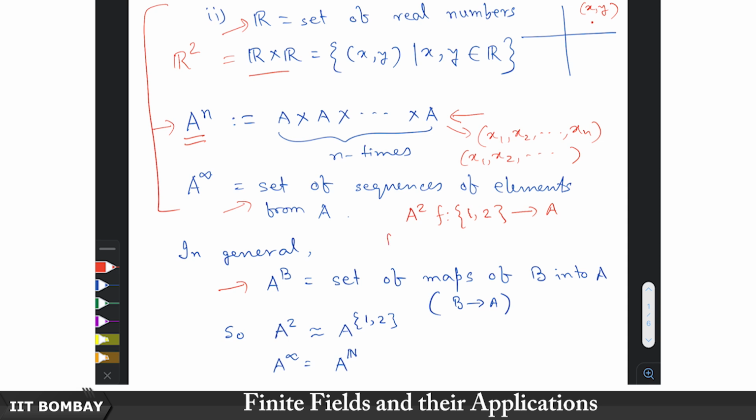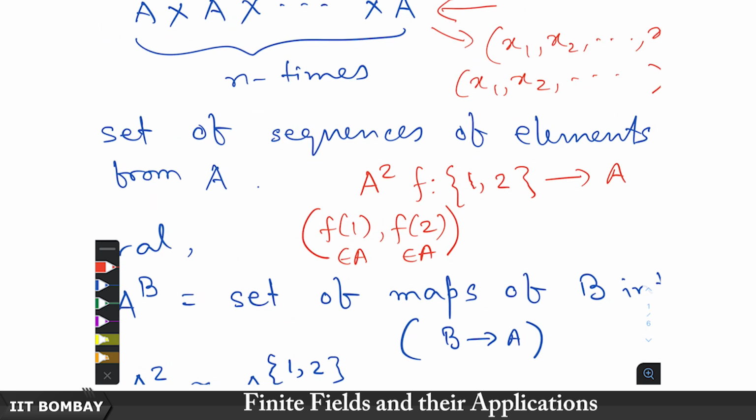It basically means we have to specify what is f of 1 and what is f of 2. So, if I give the pair of values f of 1 and f of 2, both of which are from A, right, if you specify this pair of values, then we have specified what f is, but this pair of values is also an element from A2 from our earlier definition.